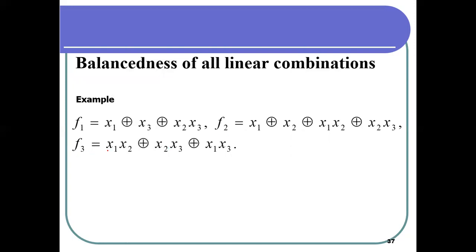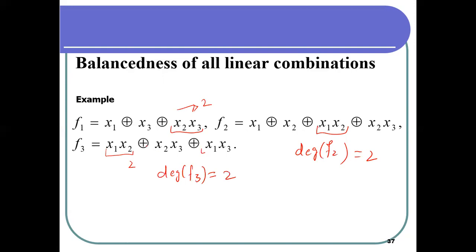If you can see, the algebraic degree of f1 is 2 because of this term. The algebraic degree of f2 is again 2, and the algebraic degree of f3 is again 2 because of these terms.